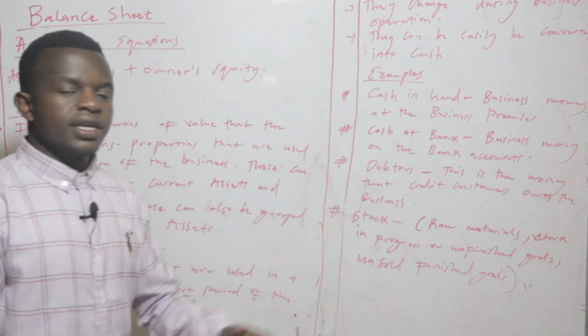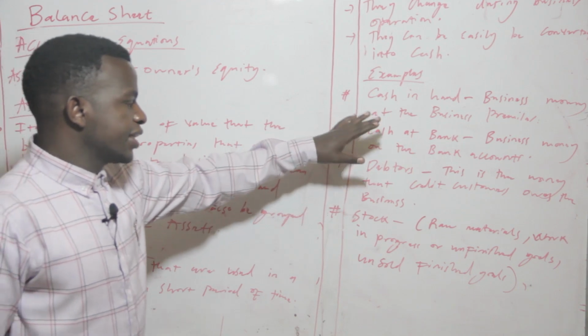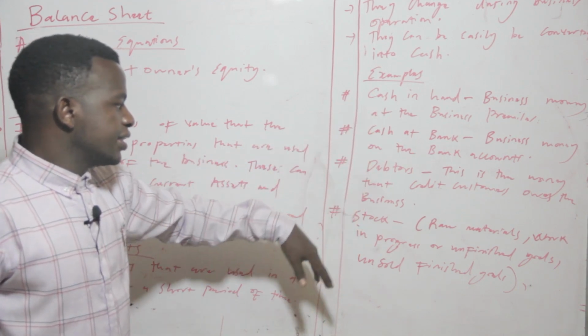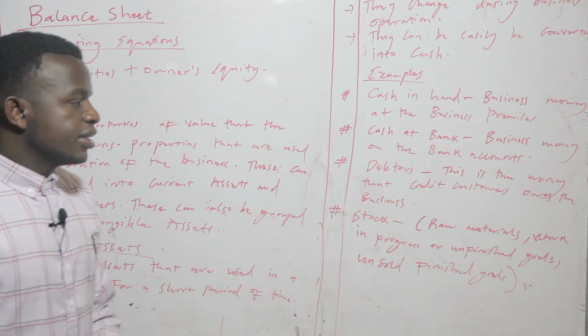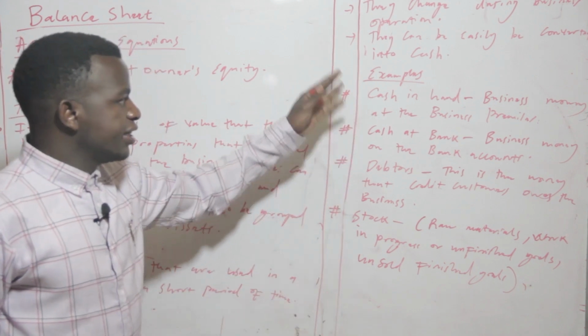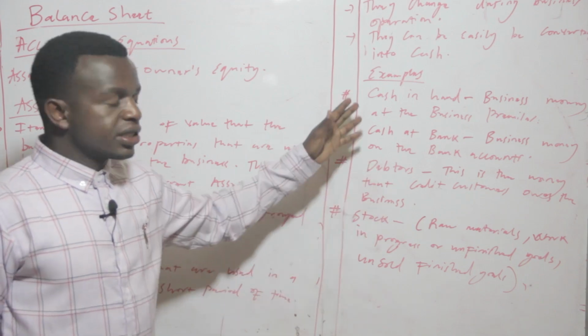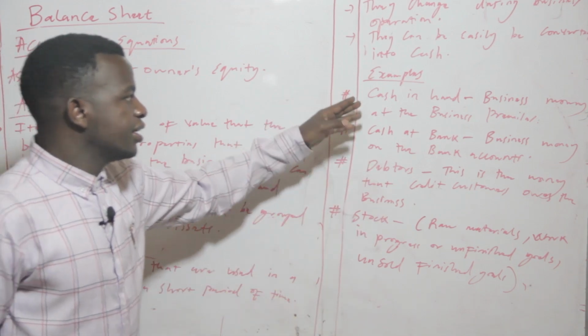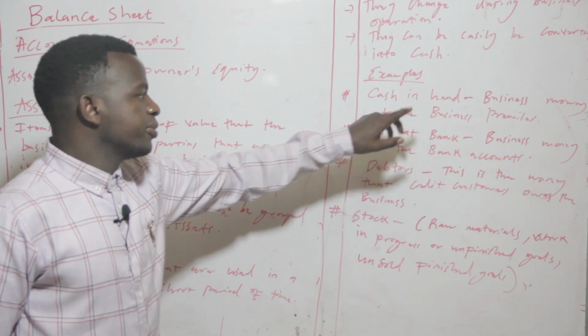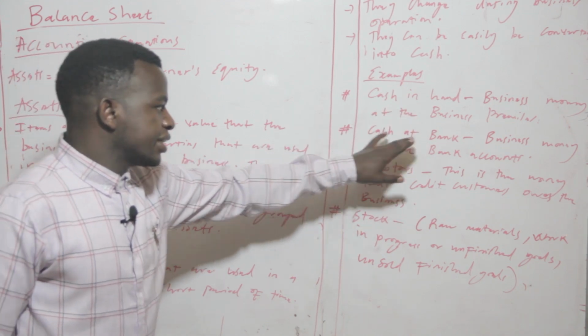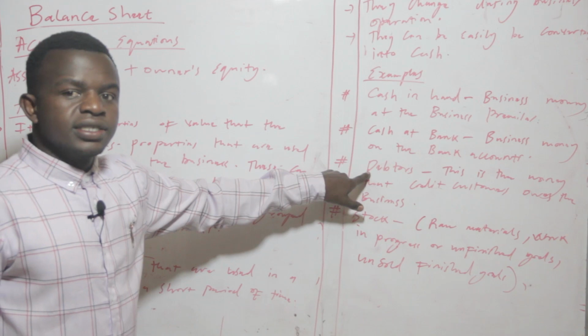So I've said examples of assets, we have cash in hand, cash at bank, debtors, and stock. And if you have been told to classify these according to their liquidity, the most liquid here is cash in hand, followed by cash at bank, then followed by debtors.